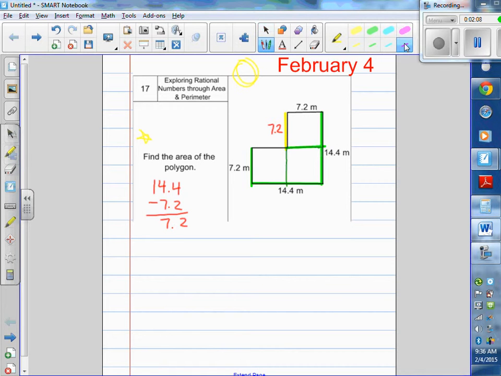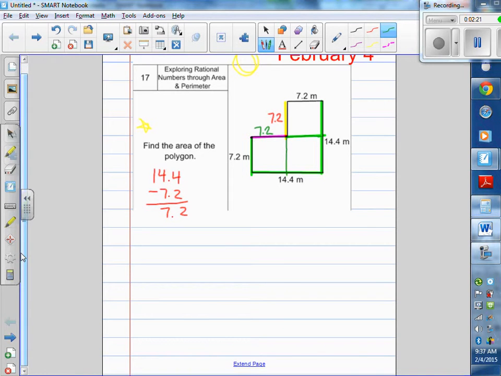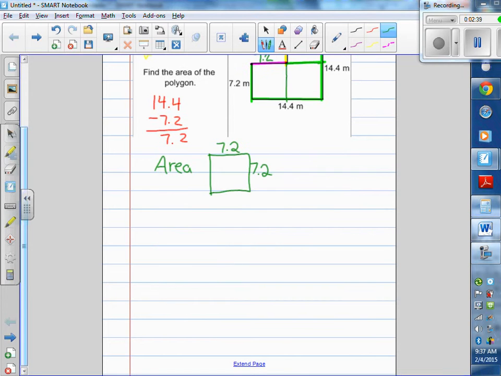The same subtraction problem will tell you that this part is 7.2. So that group realized the easiest way for them to solve this problem was to find the area of one square, that was 7.2 times 7.2, and then triple it.